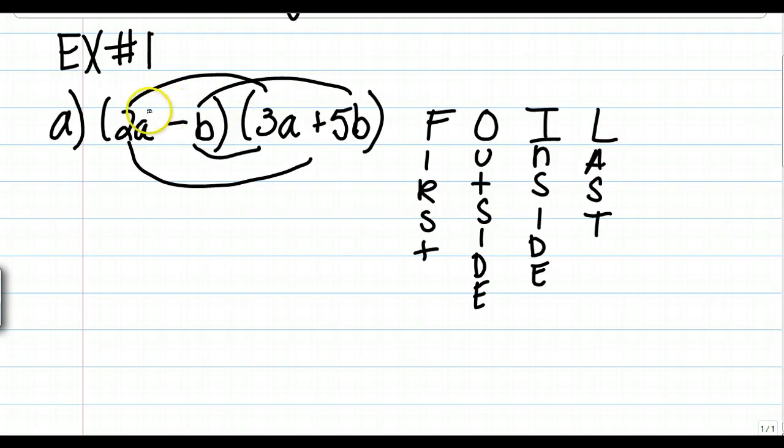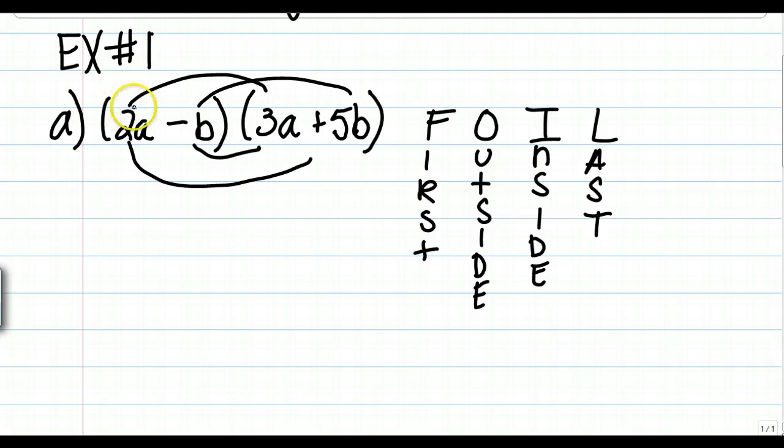Some of you recognize this as a face, and so you drew the face back in the day, and these were like the ears. I think it kind of looks like a Stewie face, if you know who that is. However it works for you to memorize, to multiply, is fine. Just make sure that you are multiplying the first, and then eventually the outside, the inside, and the last. Doesn't matter what order you go in.